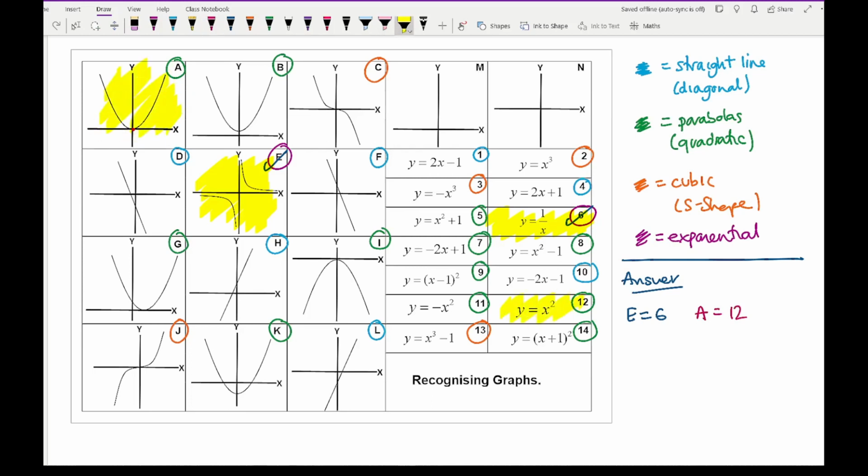And there we are. Looking at B, this is going to be a positive x squared, where I'm adding, and the y-intercept is positive. So I'm adding a positive number to x squared.